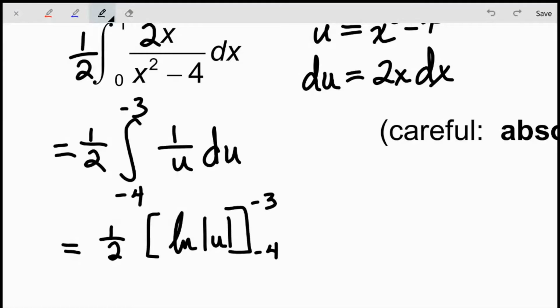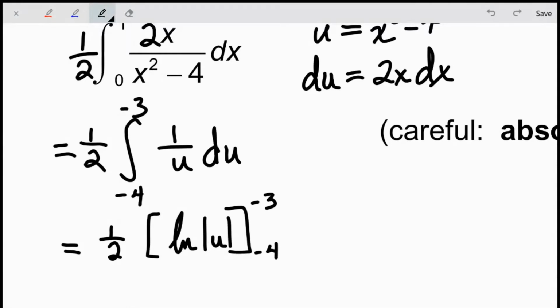That doesn't exist. But if you think about graphically what's happening with this integral, we have a 1 over u, which is like a 1 over x graph. Well, there is area between that graph and the x-axis when we're talking about the values -4 and -3. So it doesn't make sense that it would be undefined. That's why the absolute value is there, because it's accounting for the fact that we do have a solution that could occur here.